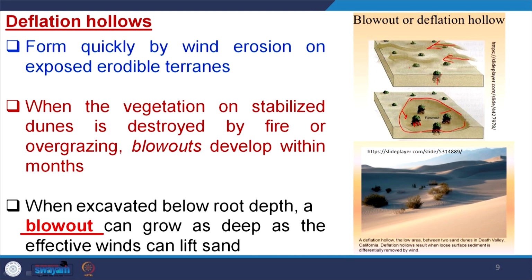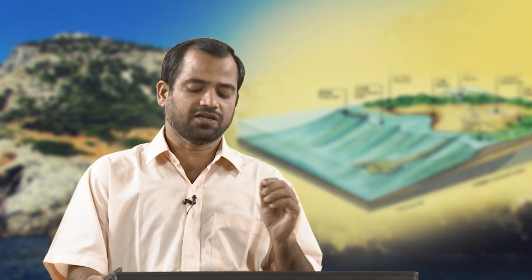This is called a deflation hollow, and the materials removed from here will be deposited somewhere here. When we talk about the classification of dunes, we will talk about the parabolic dune. Mostly those parabolic dunes are formed around this type of deflation hollow.